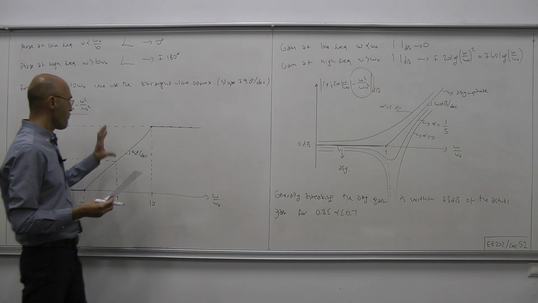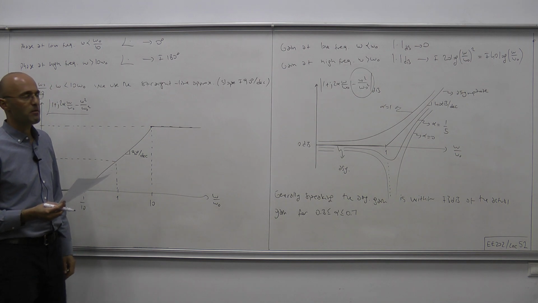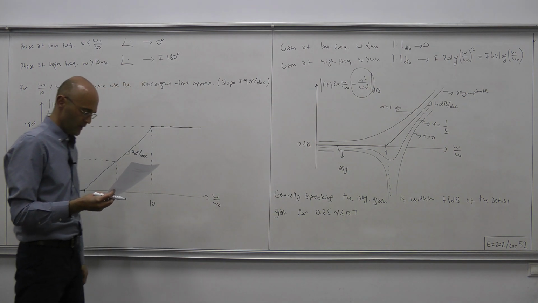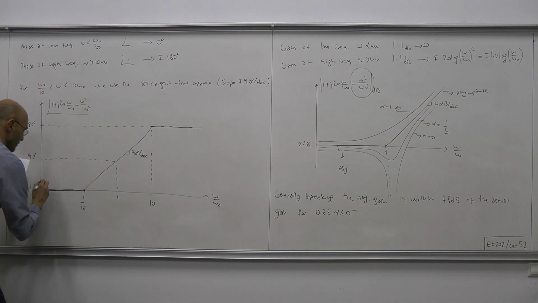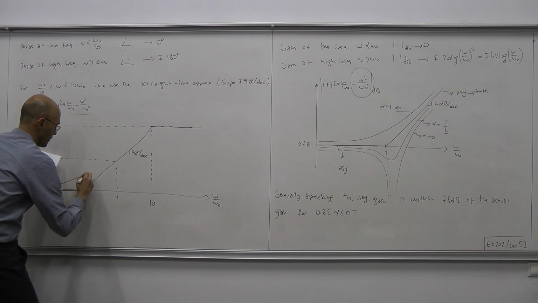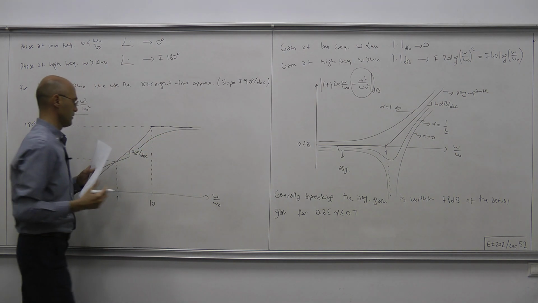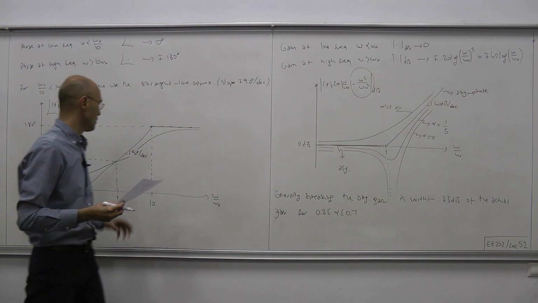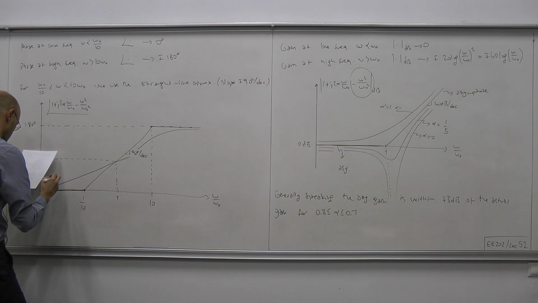Now how about the actual phase curve? Again, how far the actual phase curve is from the approximation depends on the damping factor alpha. If alpha is, let's say, 1, then we have something like this. And for small alpha the curve goes to the other side, and we have things like this.